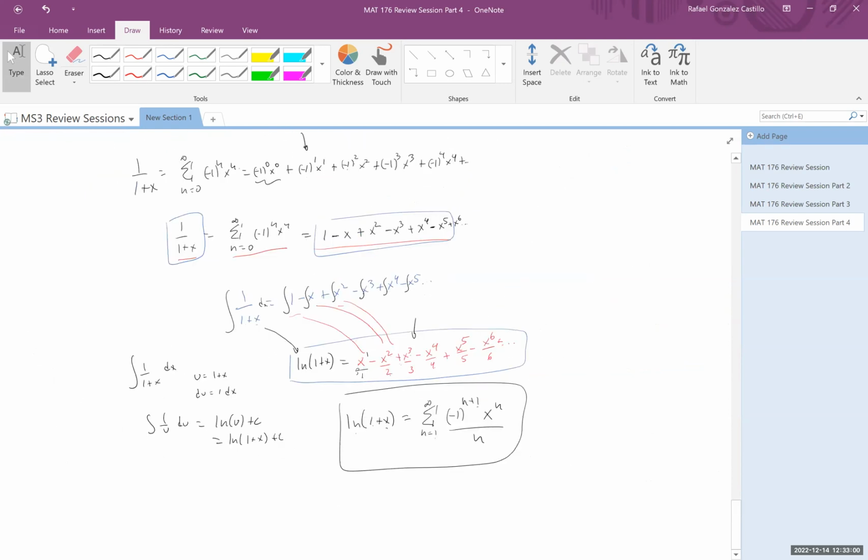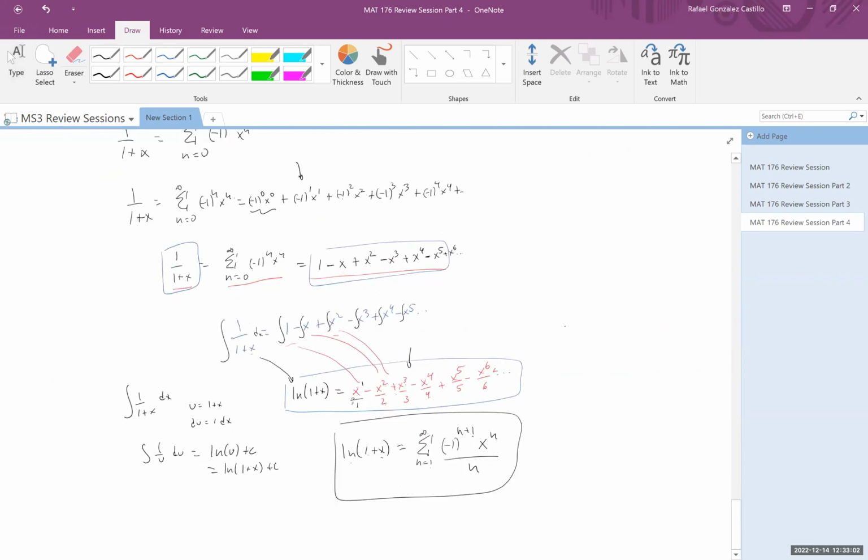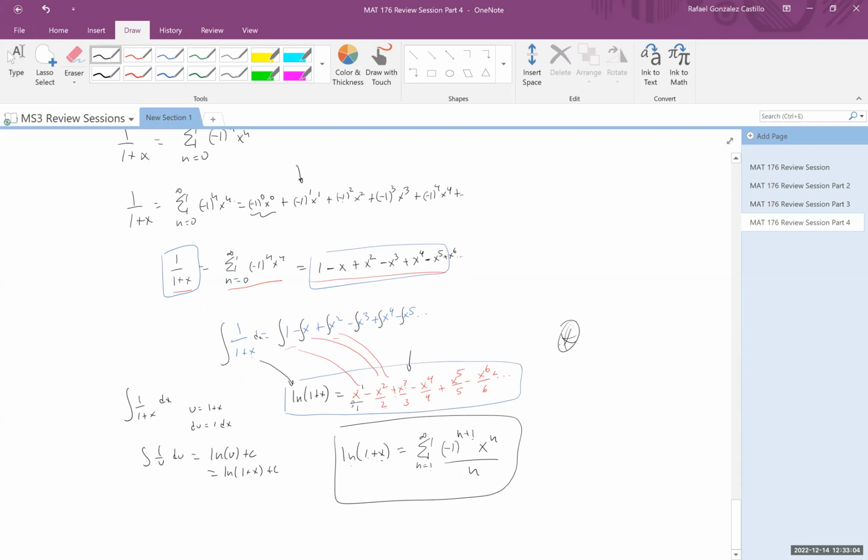This is probably one of the most technical problems on the final. You have to do some thinking here. You have to find a pattern for your problem, but it's not necessarily a hard problem. If you understand how Maclaurin series work, it's not that difficult. And the problem tells you what to do. It gives you the Maclaurin series. It tells you to use integration. So all you really have to do at the end is write out the pattern.